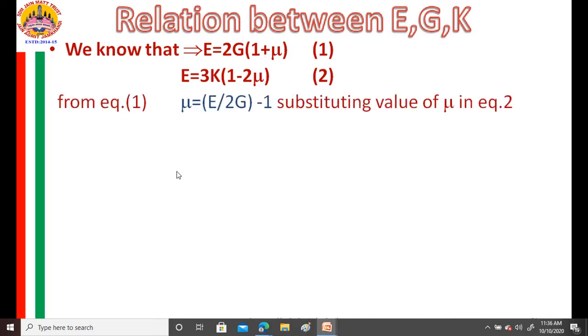From the first equation, I am calculating the value of mu in terms of E and G. First, this 2G I am taking to the other side, it will become E by 2G. The 1 also I am taking to the other side, that is why it becomes E by 2G minus 1. This is the value of mu in terms of E and G. Substitute this value of mu in the second equation.